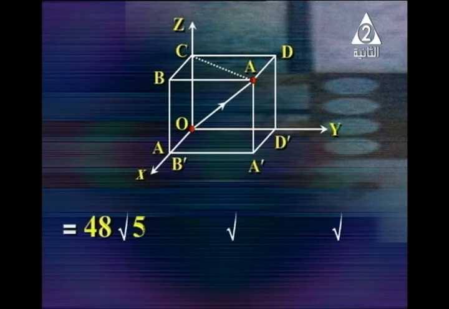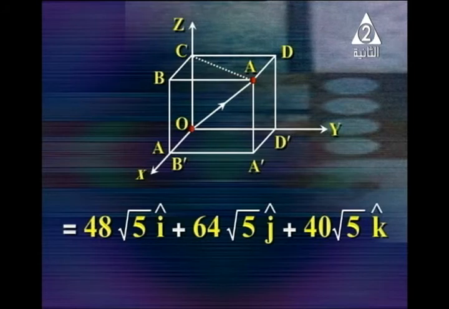Then by multiplying 200 by each component of the vector, the answer is 48 root 5 i vector plus 64 root 5 j vector plus 40 root 5 k vector. This is the force which acts on the OA diagonal vector.